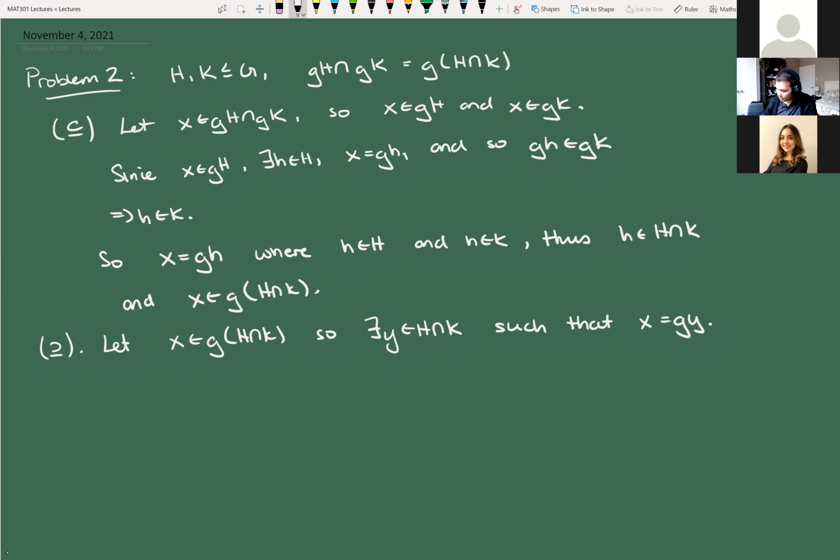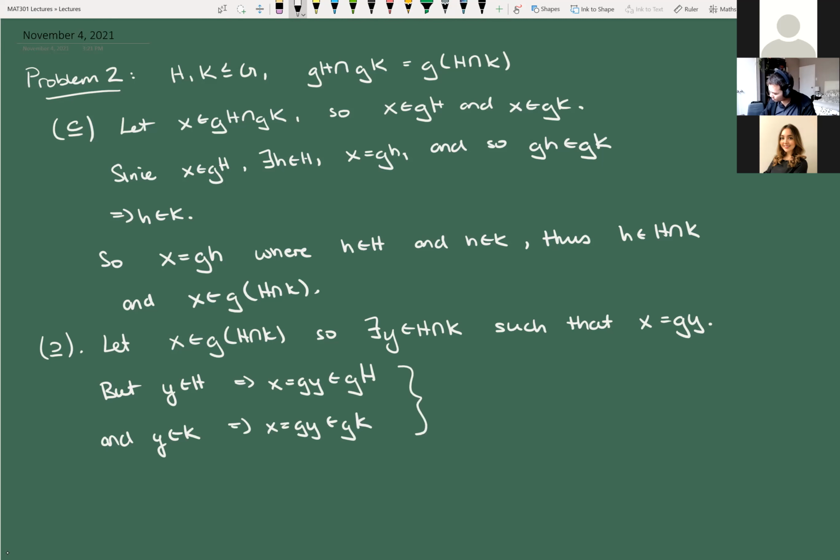But by definition, y is in H, which implies that X equals gy is in gH. And since y is also in K, then X equals gy is in gK. So now we've shown that X is in both gH and gK, and therefore it's in the intersection. And that completes the other direction.